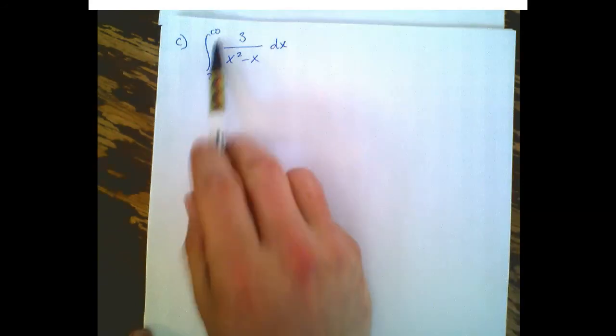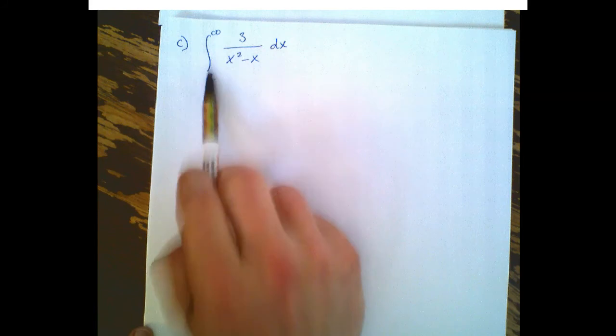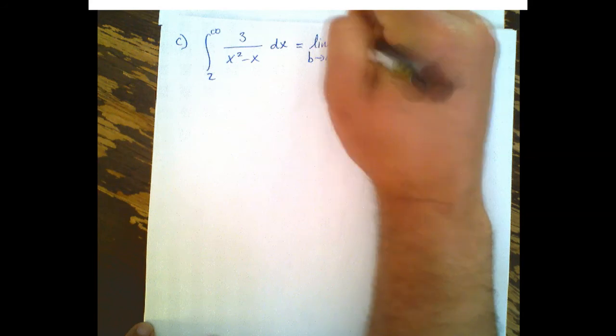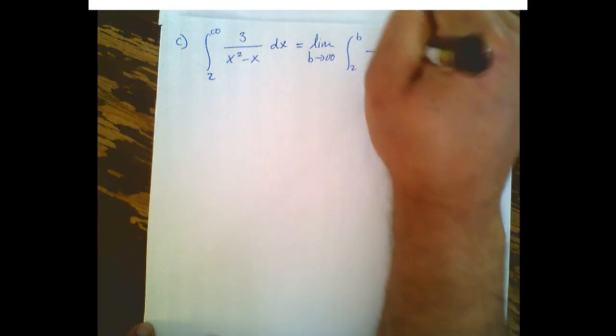Alright, this is like a case 1 type, so we have an infinitely long interval of integration, so that's improper. So we need to write this as a limit. The upper bound is infinity, so let's say that's the limit as b goes to infinity of the integral from 2 to b of 3 over x squared minus x dx.